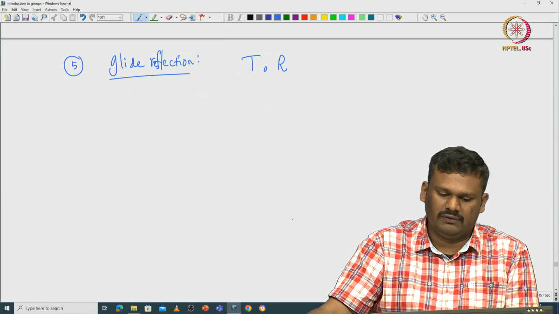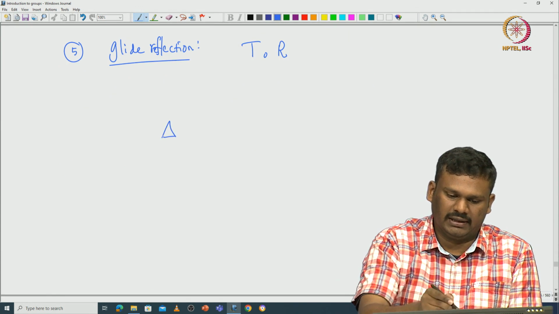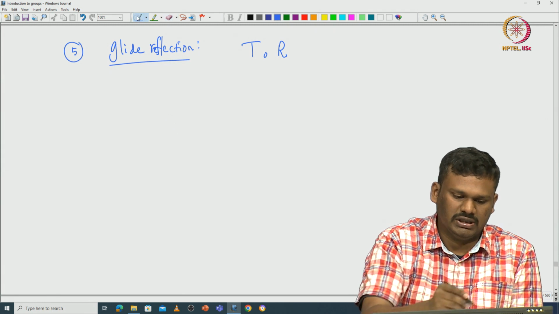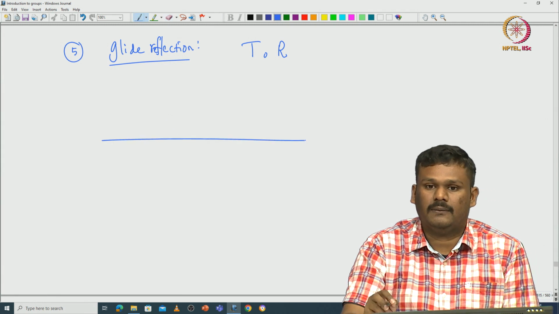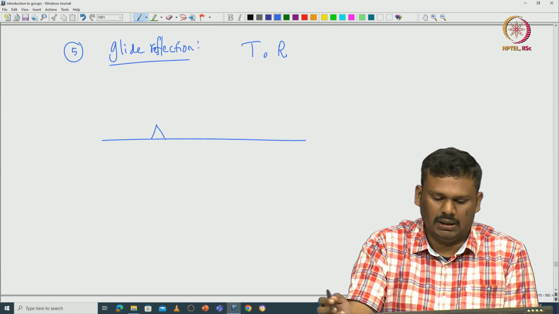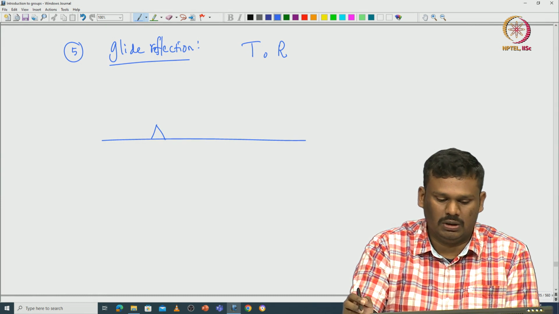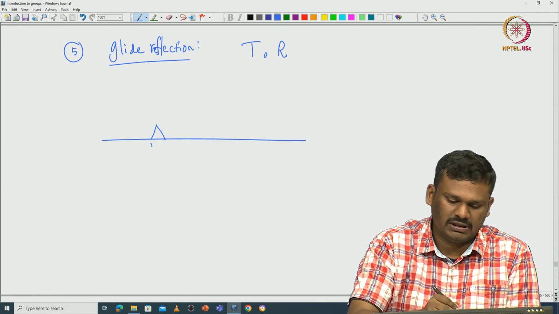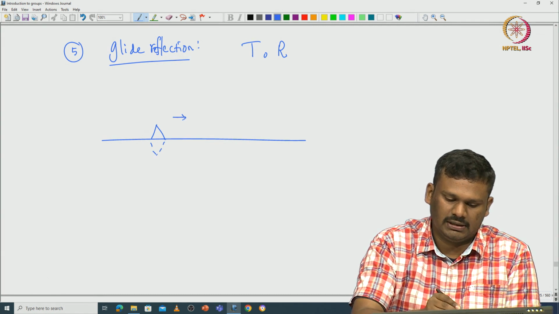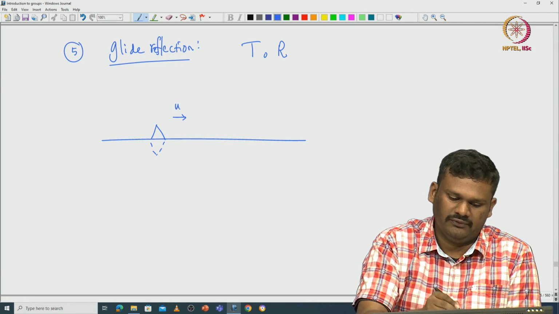For example, let us say this is your line of reflection, and let us take some object like this triangle that is sitting on this line. First, you want to reflect it. So, the reflection will go like this, and then let us say you want to translate it to the right-hand side by some vector u.